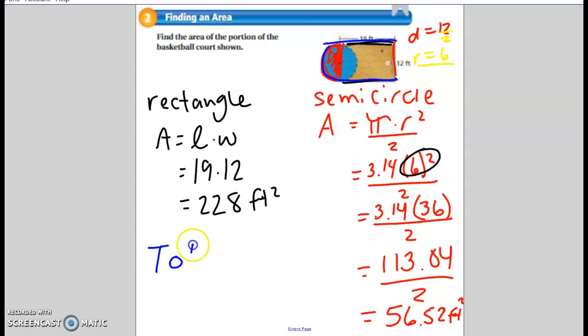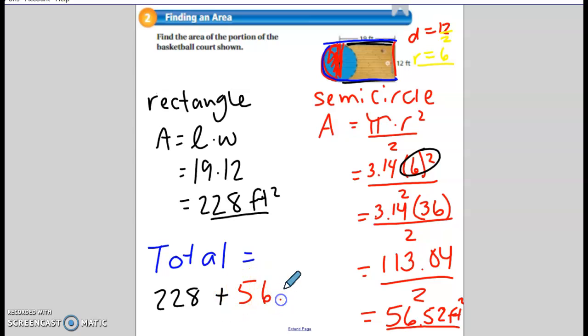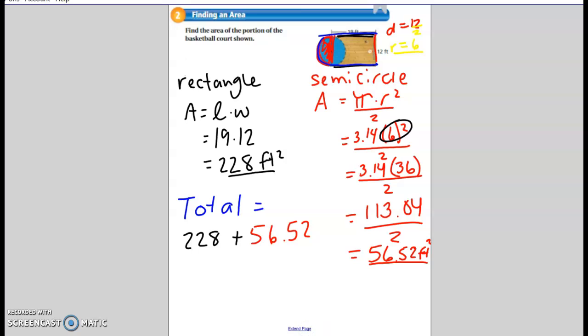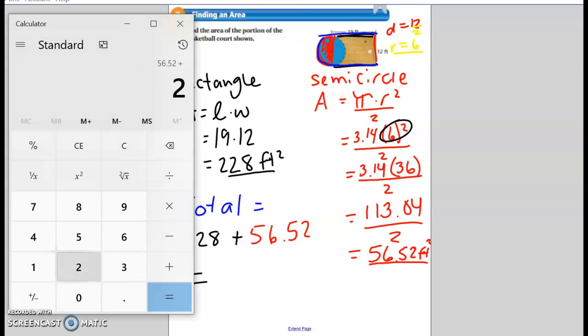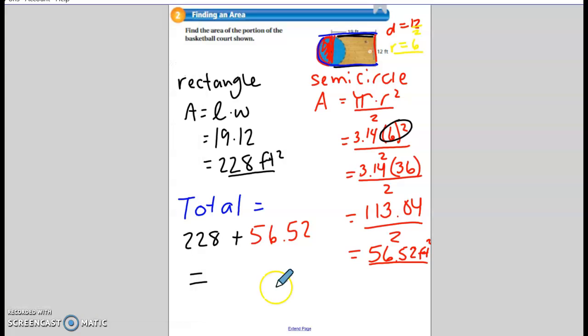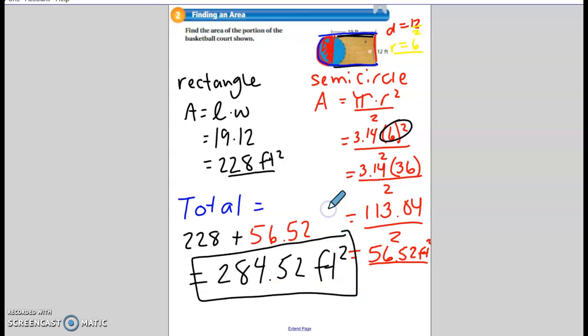So I say total is the area of the rectangle, 228, plus area of the semicircle, 56.52, which is going to equal 228 plus 56.52, 284.52 square feet. There it is.